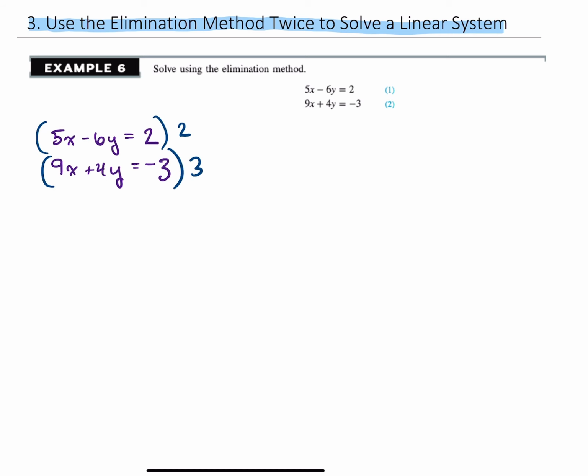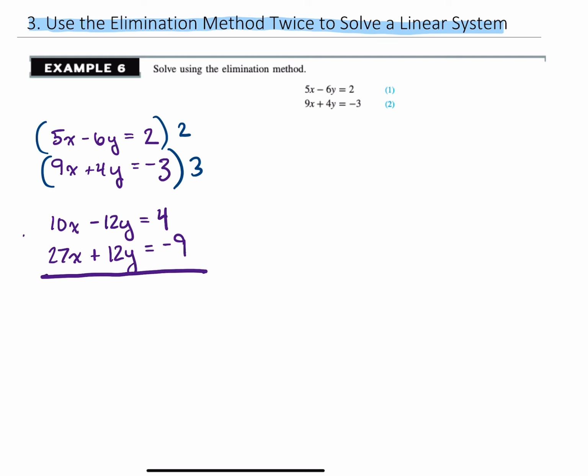Our first equation, multiplying everything by 2. 5 times 2 is 10, so I'll get 10x minus 12y equals 4. And for our second equation, multiplying everything by 3, 9 times 3 is 27x. 4 times 3 is positive 12. And negative 3 times positive 3 is negative 9.